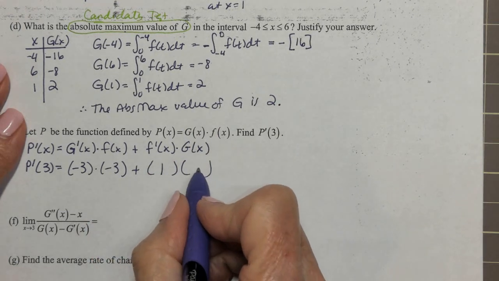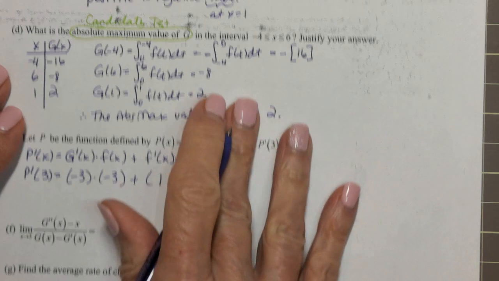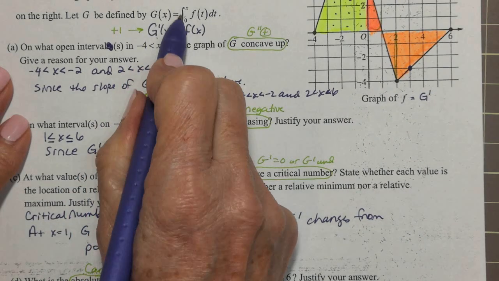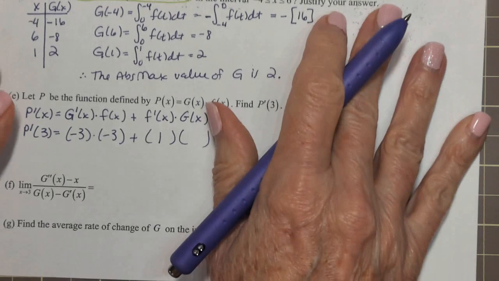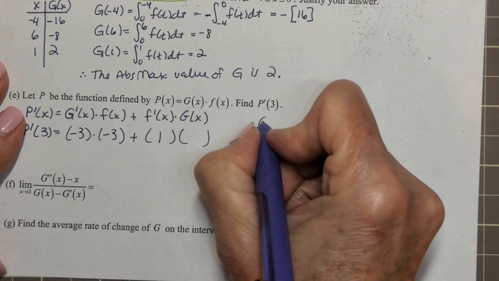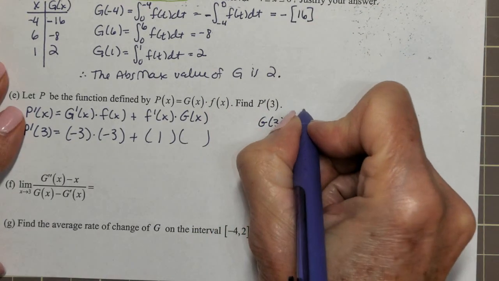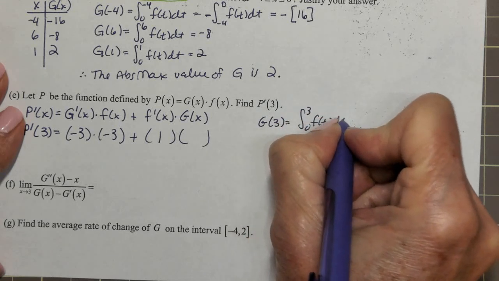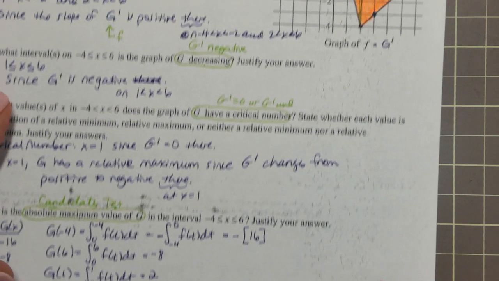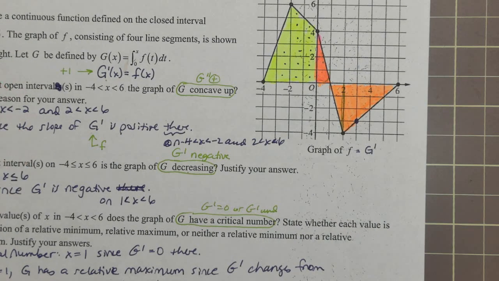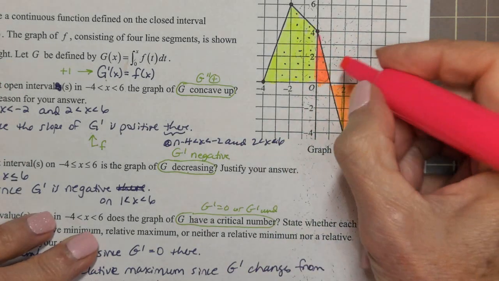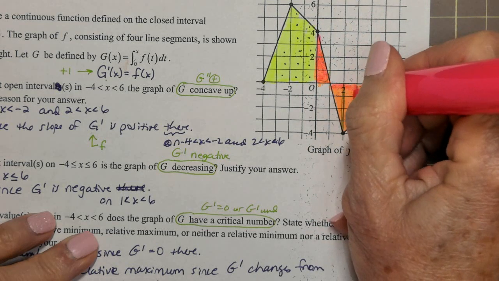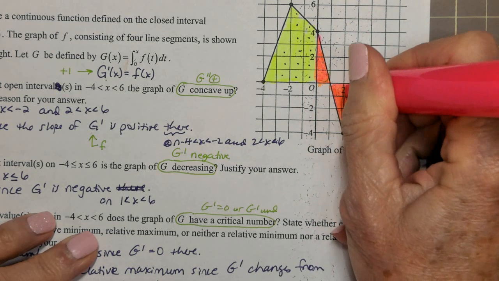G of 3. Well, G of 3, we need to go find using the integral. So I'm going to go off to the side and find G of 3. G of 3 is the integral 0 to 3 of f of t dt. So back to our graph, 0 to 3 would still be this piece, and then it would be this piece here.